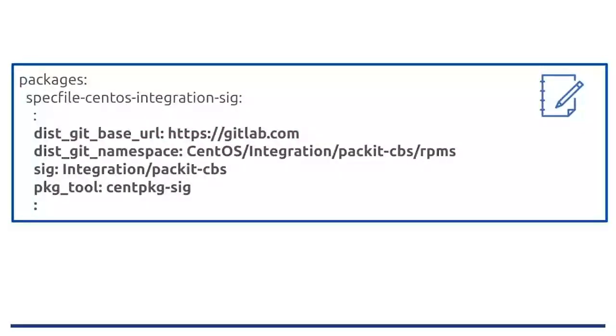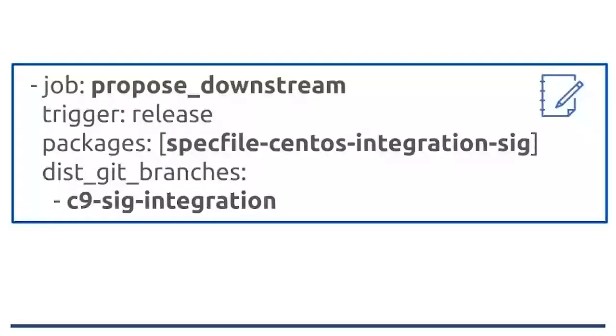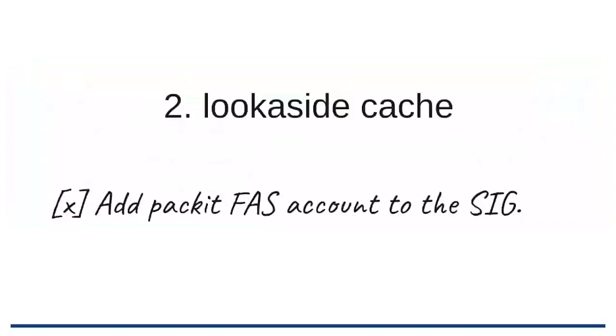So once you define this package, you define this propose downstream job on GitHub or GitLab, and once there is a release, that's why there is this release field, the so-called package defined on the previous slide will be proposed to this Git branch for you. So that's the setup from the configuration side. Regarding the lookaside cache, just add the Packit FAS account to the respective SIG, so we can actually upload sources.